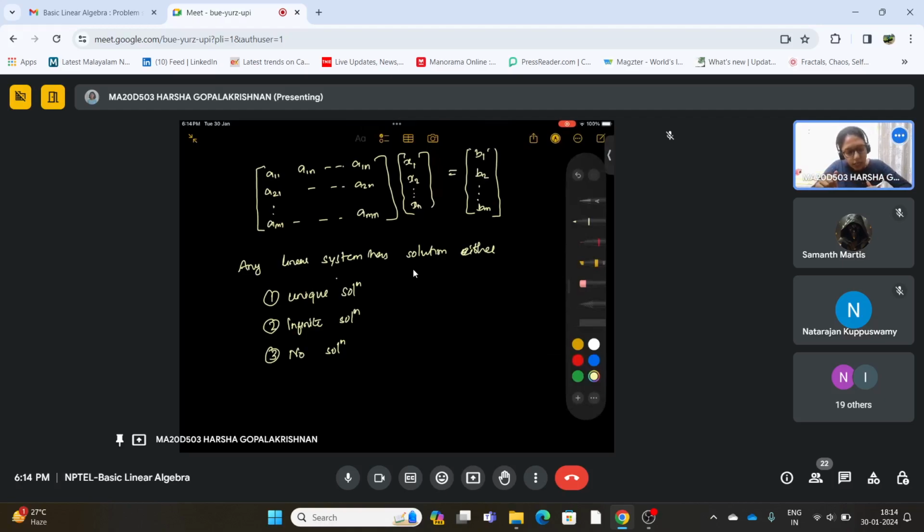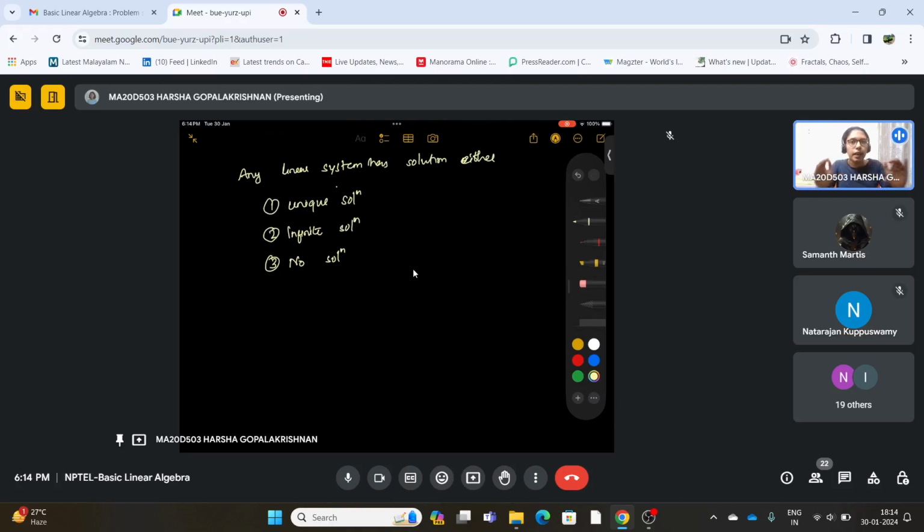So we cannot say a system has a finite number of solutions greater than one; if it has more than one solution, it must have infinitely many. So these three are the only possibilities.